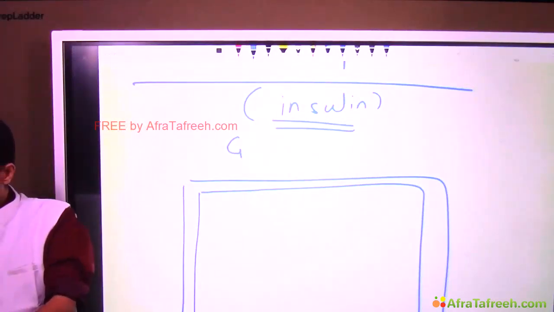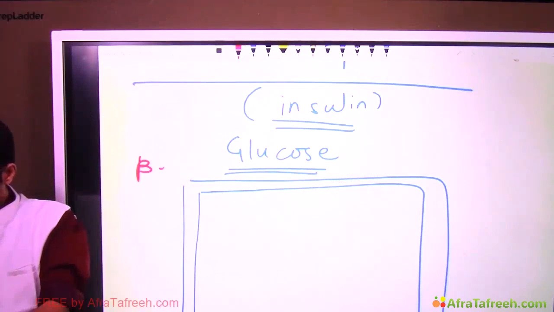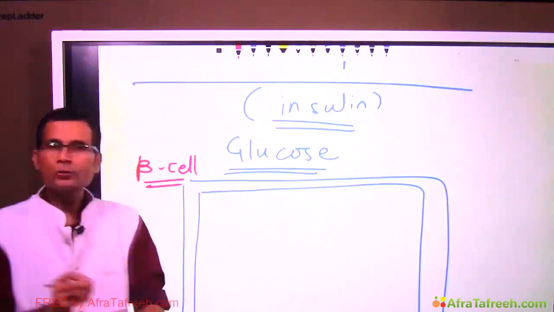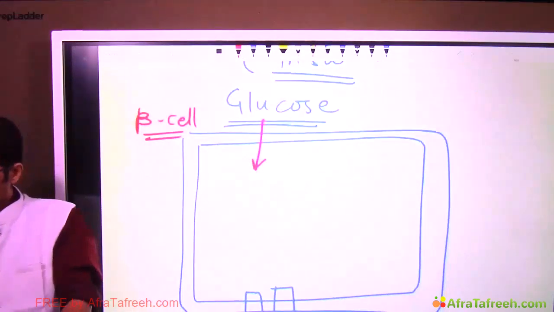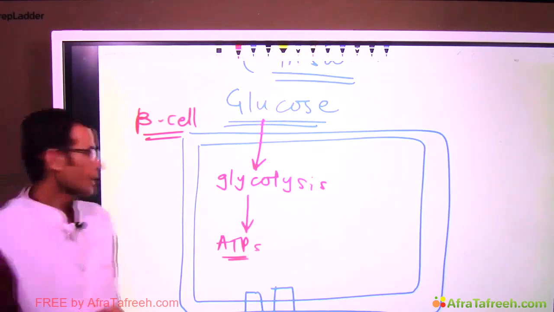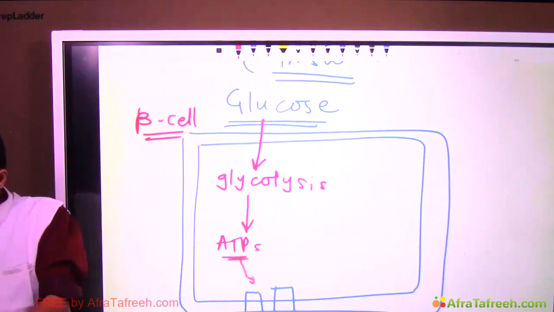The mechanism goes something like this. Here is the blood glucose. We are showing the pancreatic beta cell. So increased blood glucose enters the pancreatic beta cell. It undergoes glycolysis. Glycolysis will generate the ATPs. And sensing these ATPs, the ATP sensitive potassium channel will close.